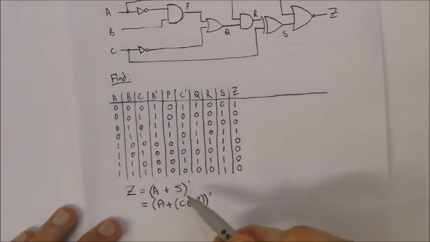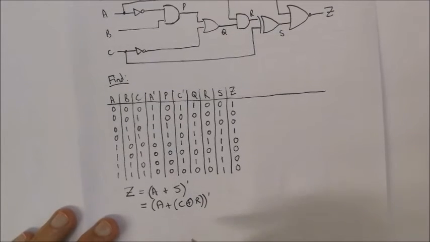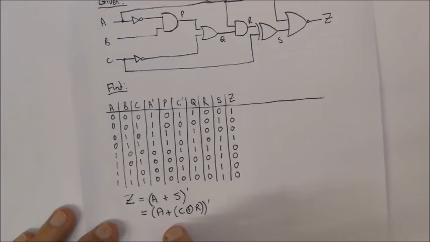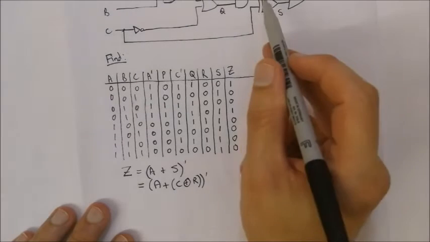Essentially, whenever we've got a letter that is not one of the inputs, we will place it into a bracket and just do a normal substitution. Now C is one of the inputs, so that is acceptable. R is not one of our inputs. So what's R?